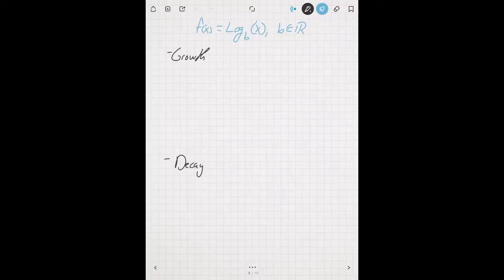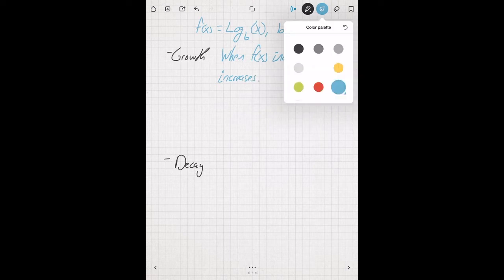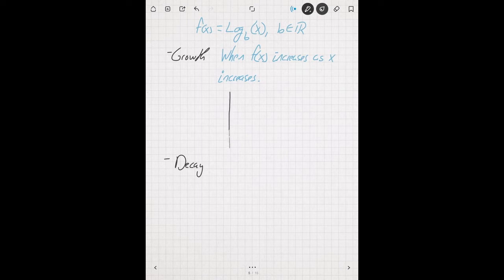So starting off with growth, we can say logarithmic growth is when f of x increases as x increases. And if we made a little graph here, we would see that it has this rather new shape to us.